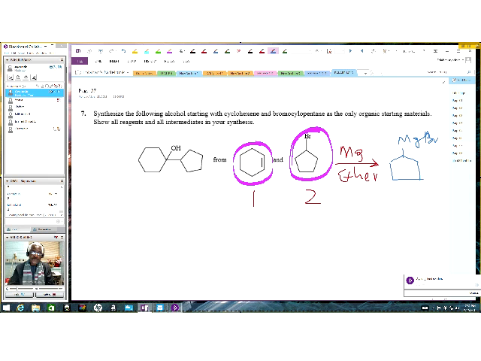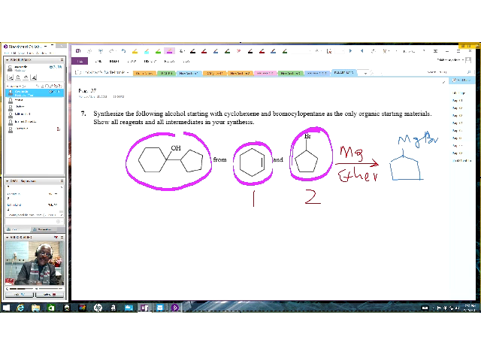Now, what do you think here? We have a tertiary alcohol as a product. So what class of compound would the Grignard react with in order for us to form a tertiary alcohol?